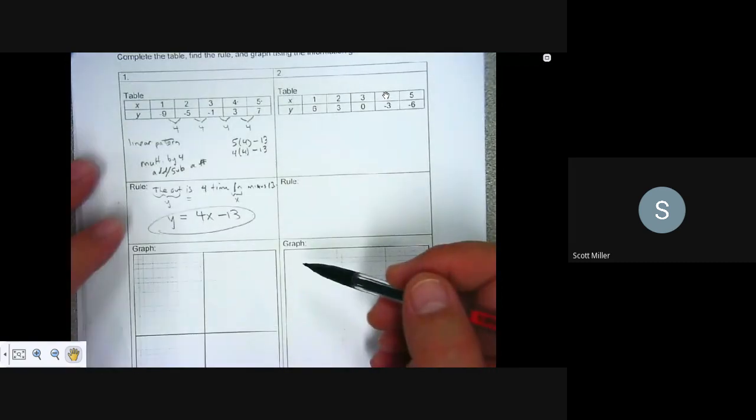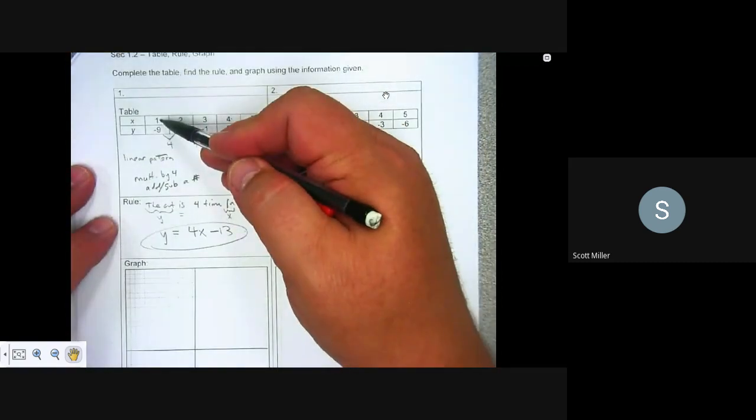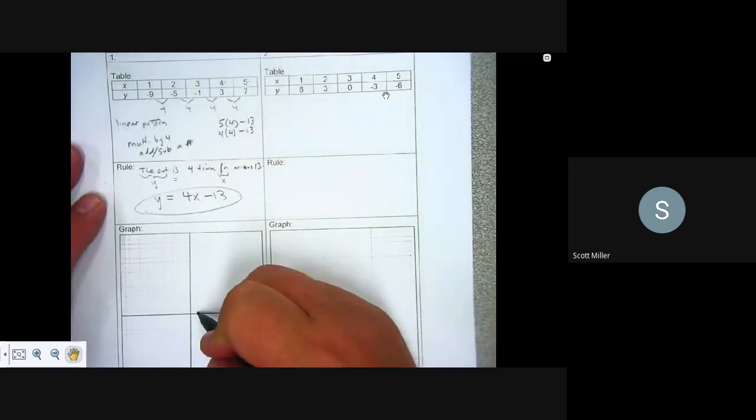And then what you do is you plug in and you put a dot for these points. So the first box, and it's hard to see it here, I'm just going to mark it so you guys can see it.